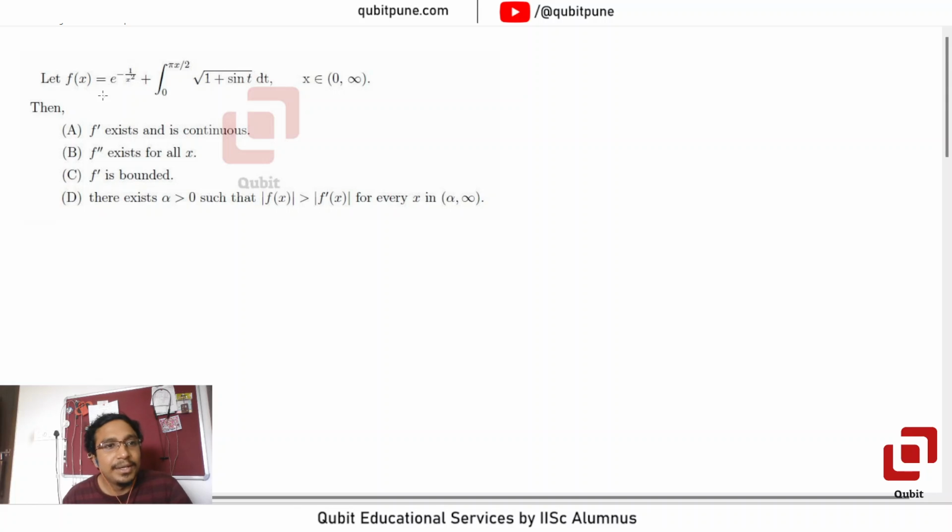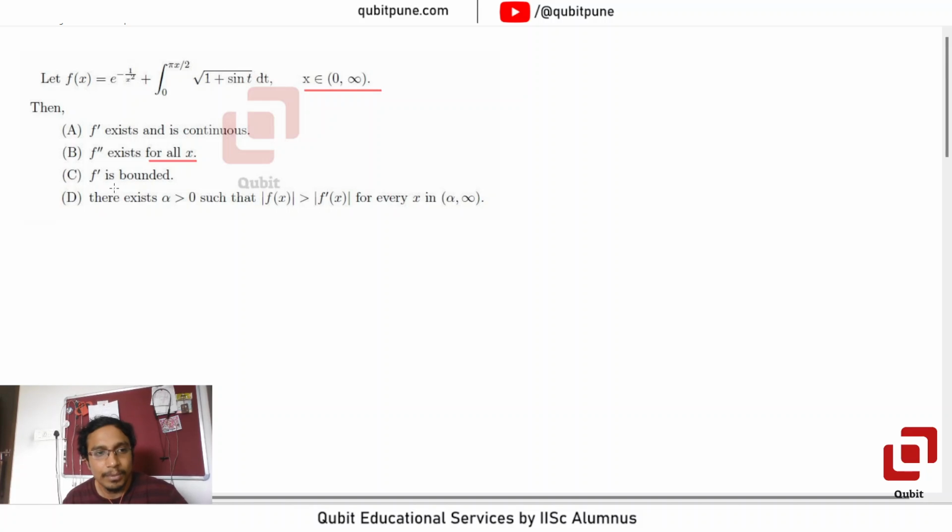Let f of x be e raised to minus 1 upon x squared plus integral 0 to pi x by 2 root of 1 plus sine t dt. X belongs to the open interval 0 to infinity, so x is not negative. Then A. f dash of x exists and is continuous. B. f double dash exists for all x.